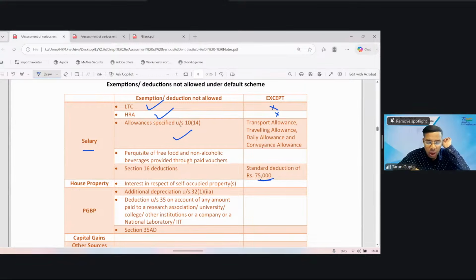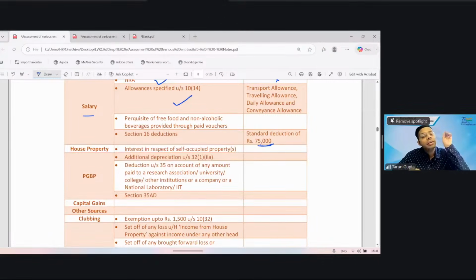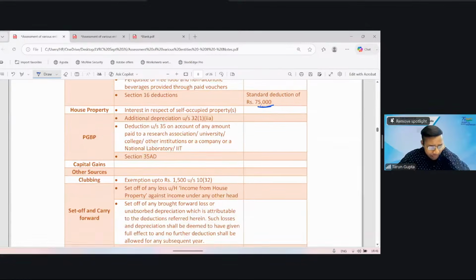If I come to house property, then any interest on self-occupied house property is not allowed. If you come to PGBP, then you are not allowed the additional depreciation and scientific donation or expenditure on in-house research and development, or section 35(2AB).